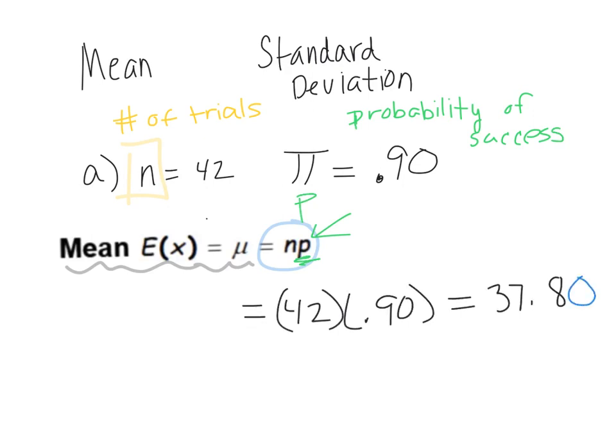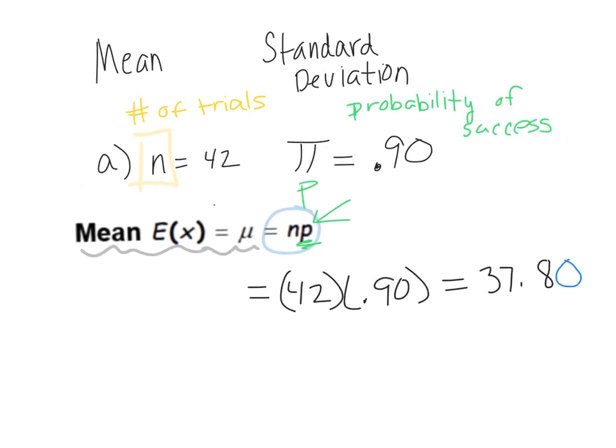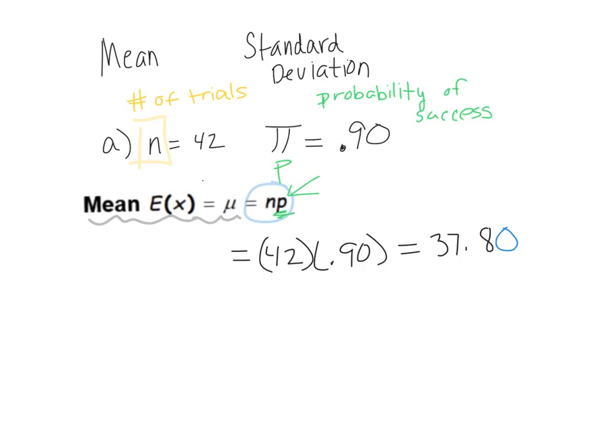You're going to add on that 0 at the end because the directions told you to round to 2 decimal places.